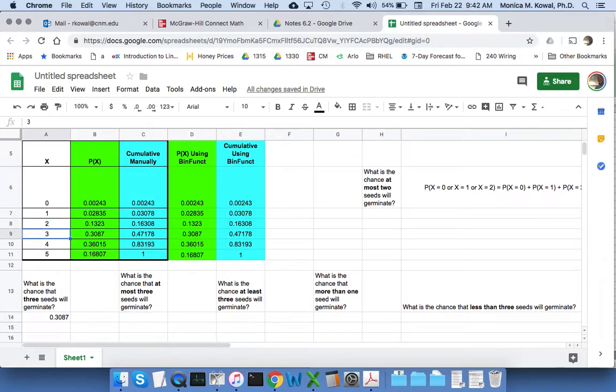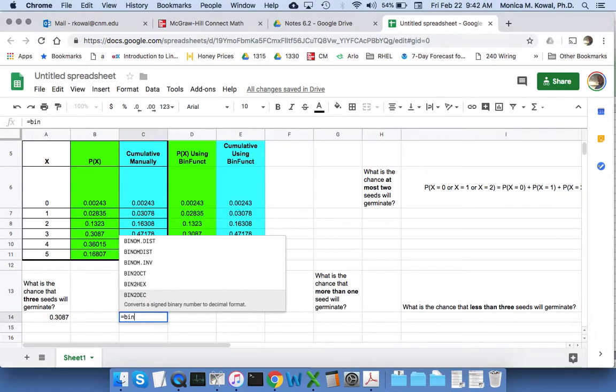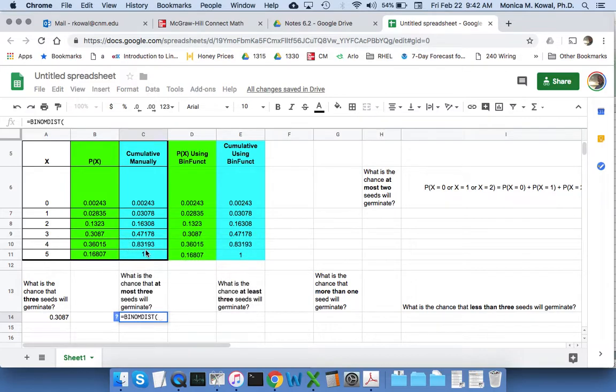So that is a cumulative function turned on. So equals BINOM.DIST, 3, 5 trials, 0.7 as a success, and let's turn the summing function on, and we can see that there it is. The chance that at most 3 seeds will germinate is almost 50%.